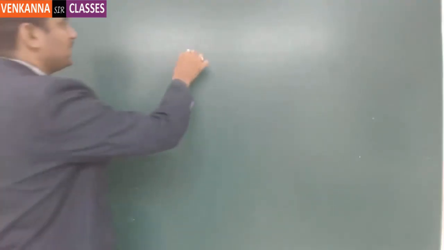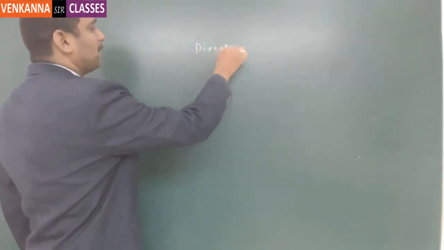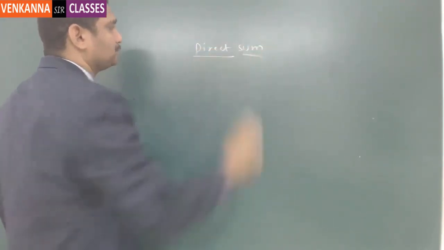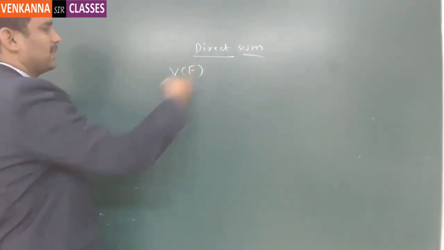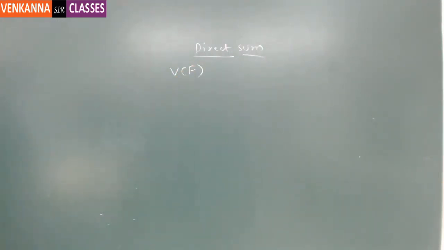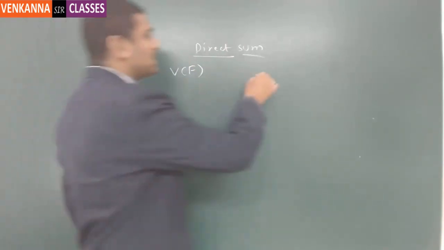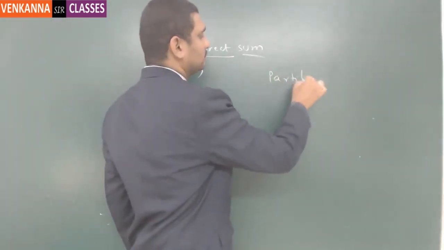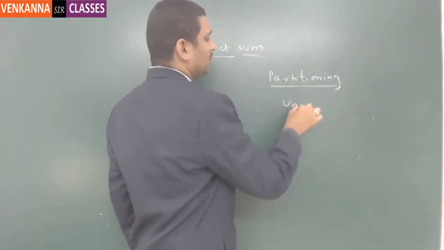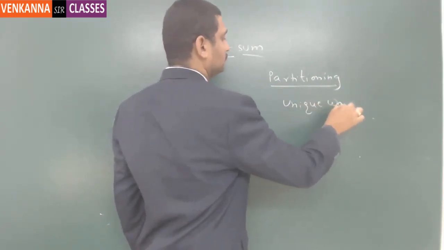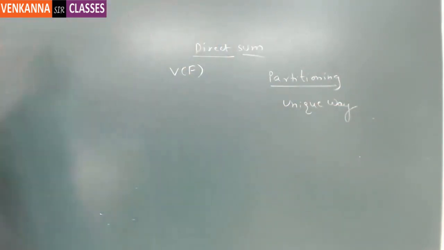Let us go for one definition, that is direct sum. What is meant by direct sum? Whenever we take a vector space, you are partitioning the vector space in a unique way. So that thing we are calling direct sum.